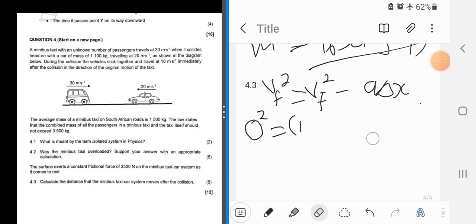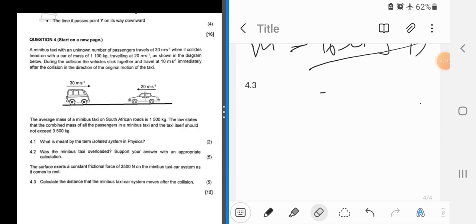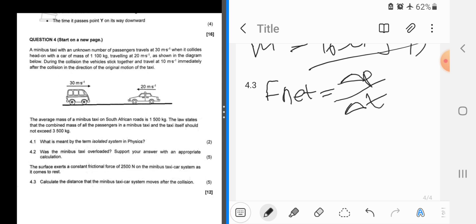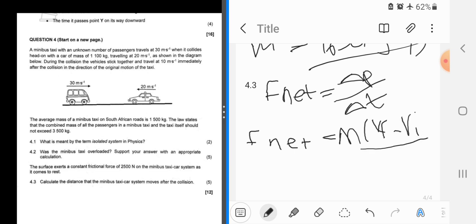Let's see, I decided to use another formula that is faster. I'm firstly going to find time. So I will use this one: F net equals change in momentum over change in time. So the F net will equal mass times final velocity minus initial velocity over change in time.